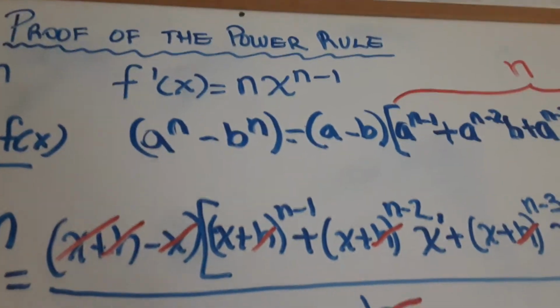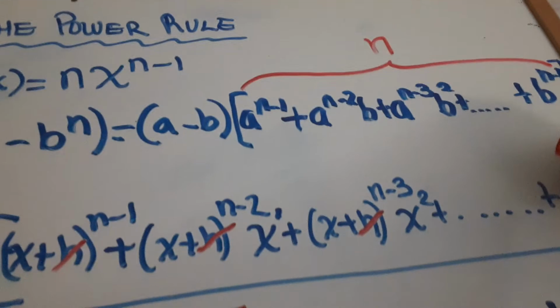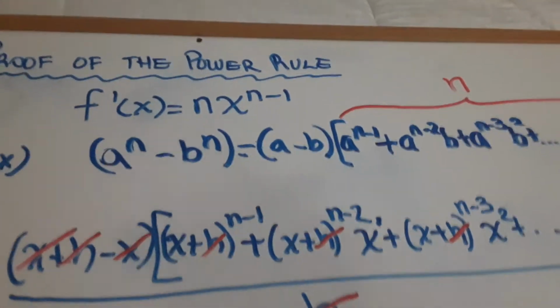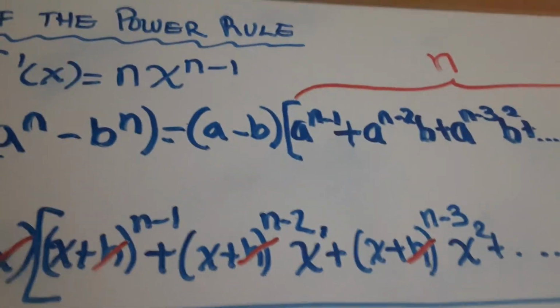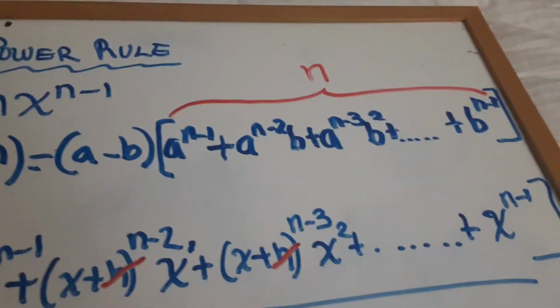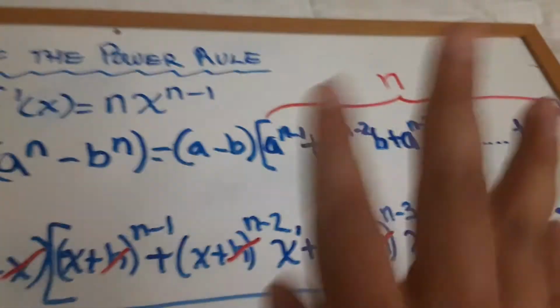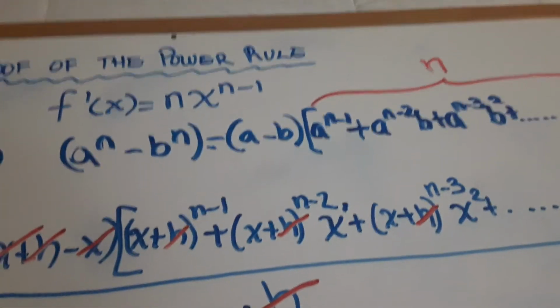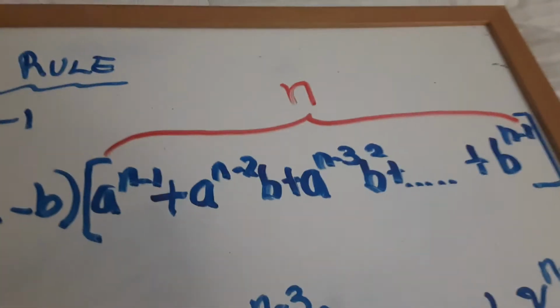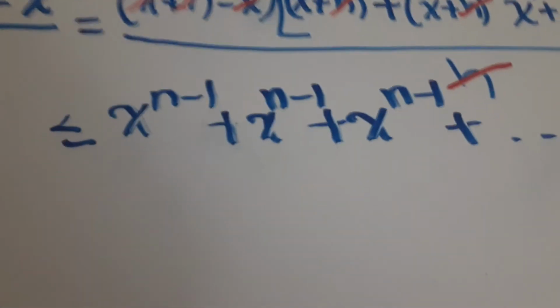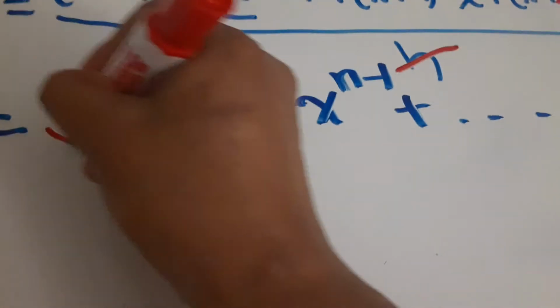So if you have a cubed minus b cubed, you will have a trinomial here. You will have three terms. A squared minus b squared, you will have what? A plus b, the famous a minus b times a plus b, right? Anyway, that's something for college algebra. You need to refresh this if you don't remember that. But just remember that you have n terms here. So therefore, here we're going to have n terms.